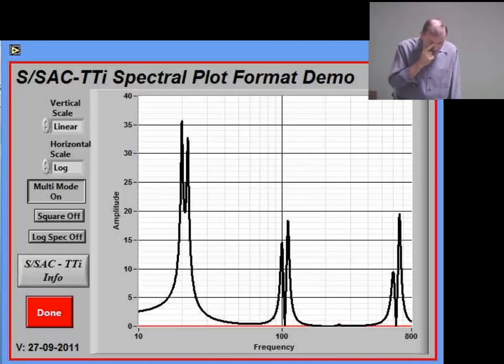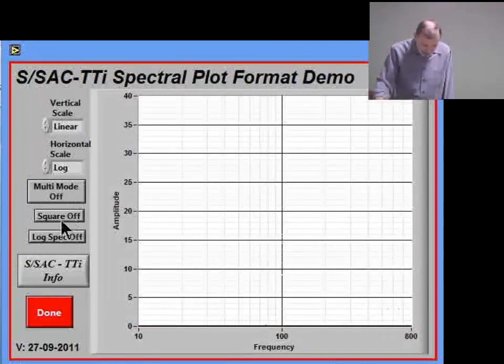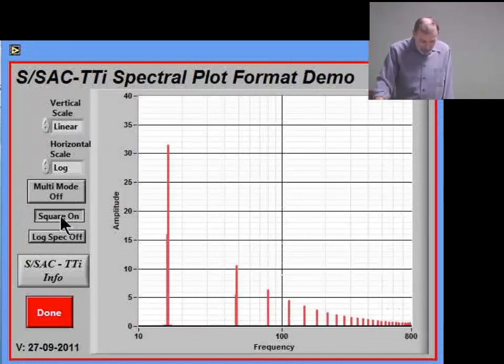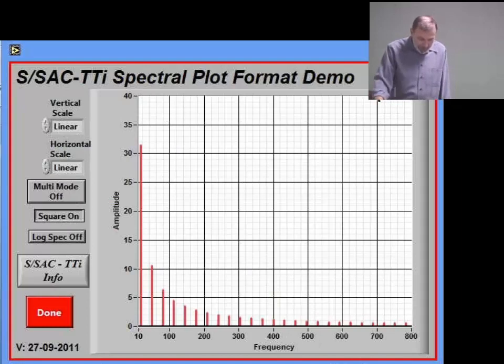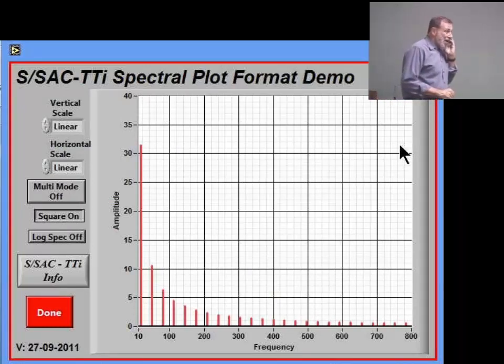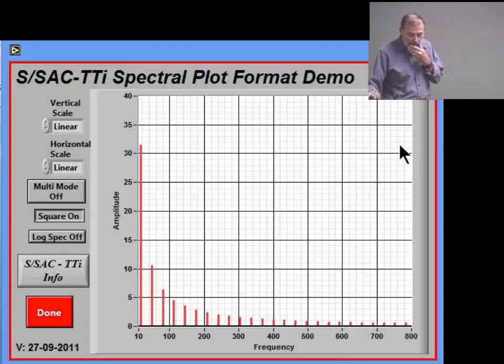Okay, let's say we're looking for something else. Let's go back to linear. This is a square wave. Remember what the characteristic of the square wave was that we really liked? Multiple frequencies.